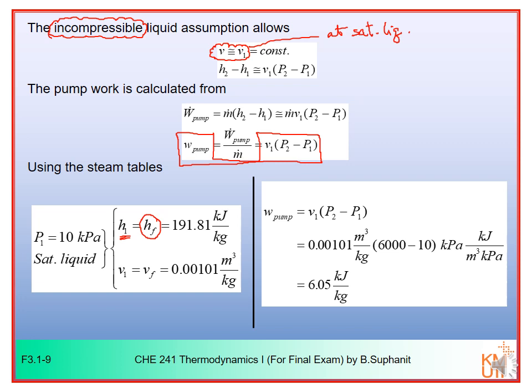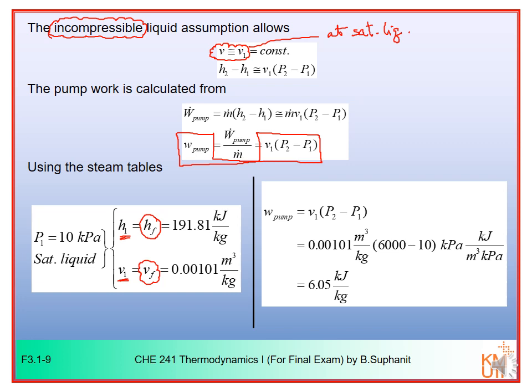You have the specific volume of the sat liquid at 0.00101 cubic meter per kilogram. So you can use the approximate equation that we have just developed to calculate the pump work. The pump work will be equal to 6.05 kilojoule per kilogram.